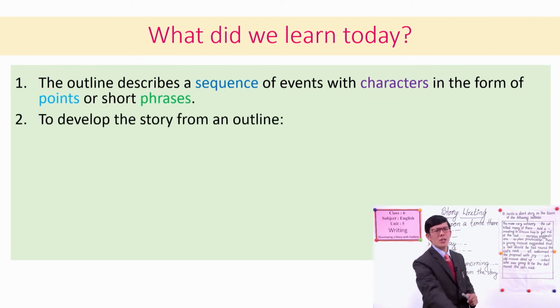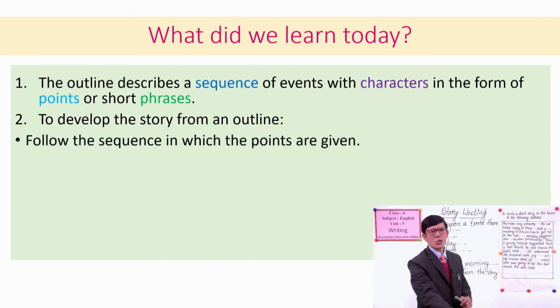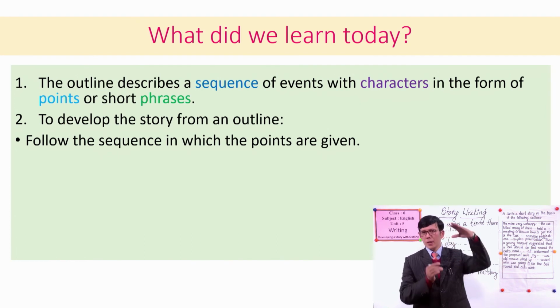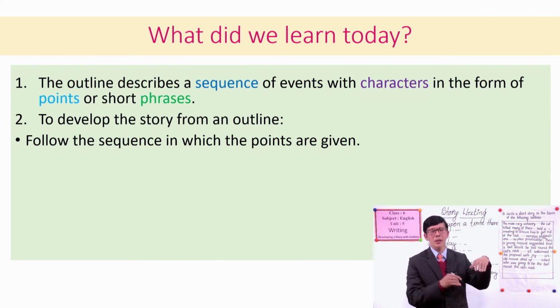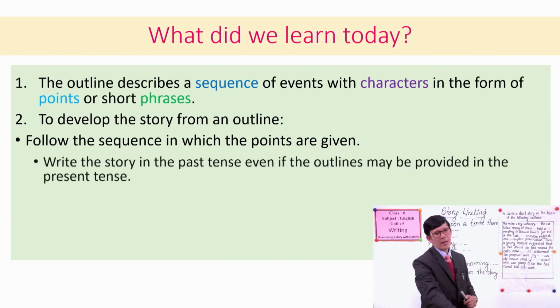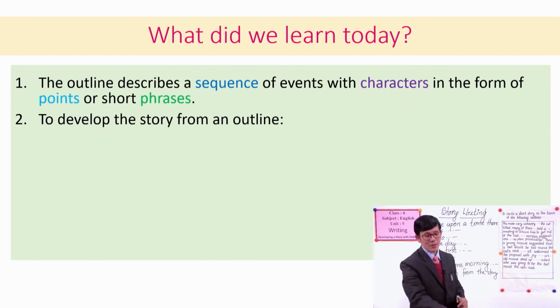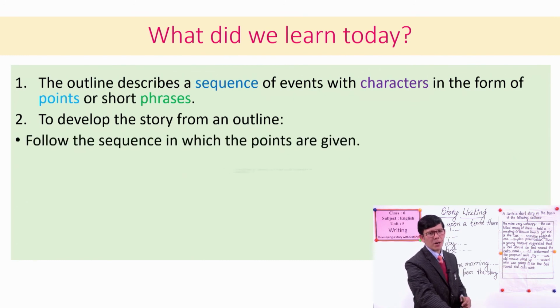We learned to develop the story from an outline, and we discussed that we have to follow the sequence in which the points are given, which is to be written in the beginning, in the middle, and in the end of the story. And then we also learned to write the story in the past tense, even if the outline may be in the present tense.